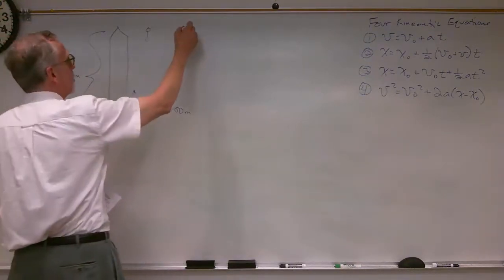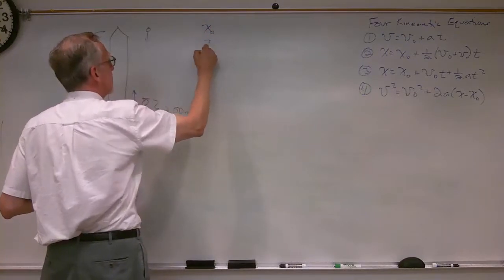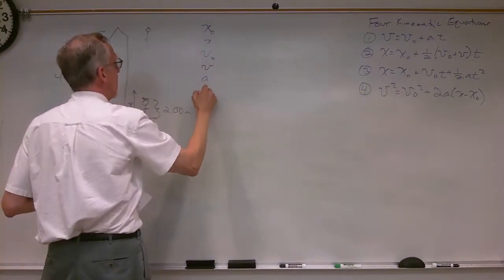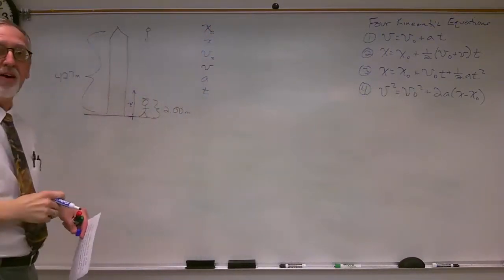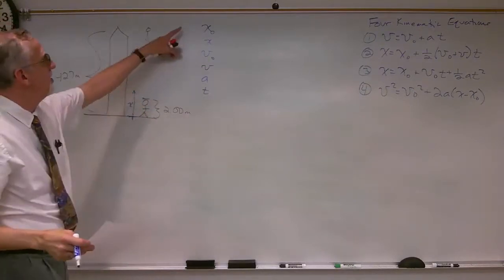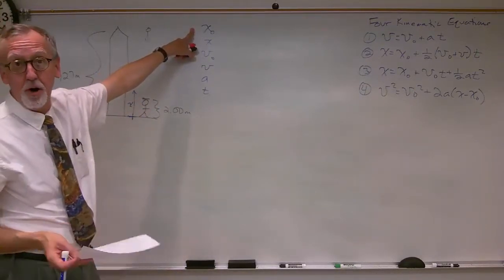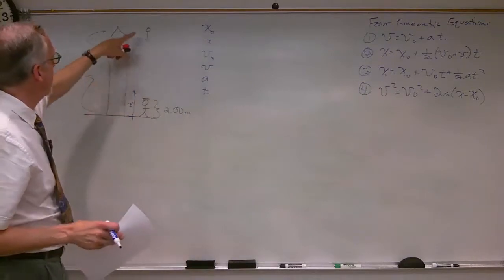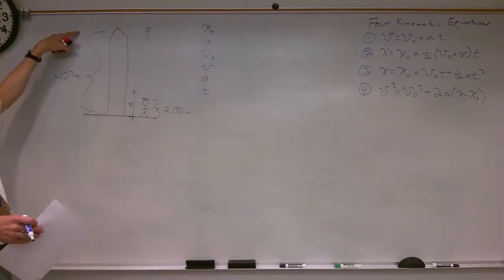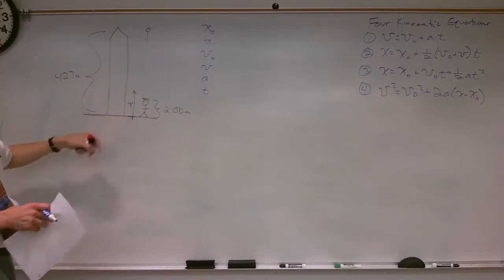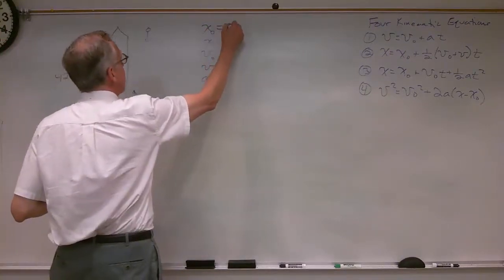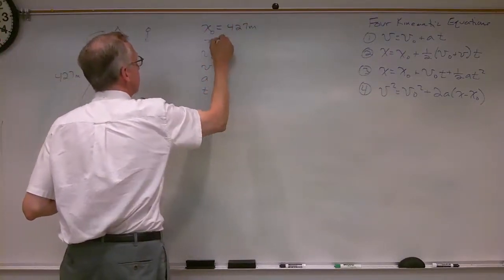Again, as usual, x naught, x, v naught, v, a, t. What values do we have? x naught, the initial height of the rock in this case. So the rock was 427 meters above the origin. So x naught in this case is 427 meters.